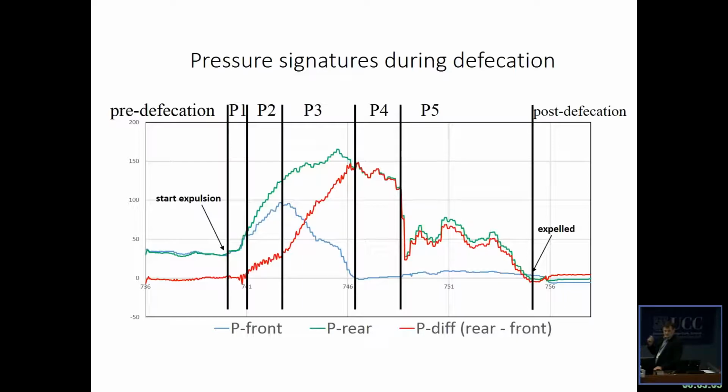The rear end of the device still feels the abdominal pressure that continues to increase while the subject tries to expel the device. At some point that reaches a maximum, and this part would start to move into the anal canal too. So if we look at the difference between these two, you can see the different slopes here. That means we can actually divide an expulsion into 5 different phases, just based on these two pressure measurements in the front end and the rear end.